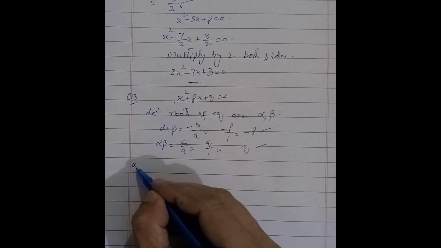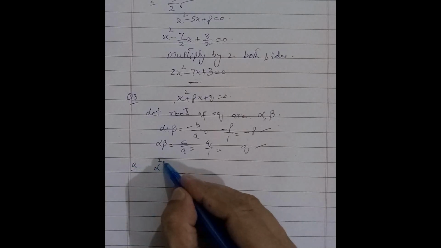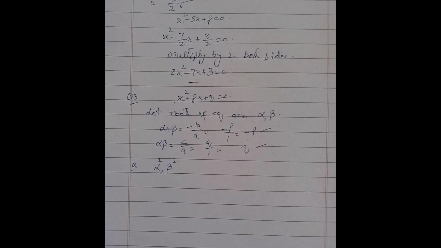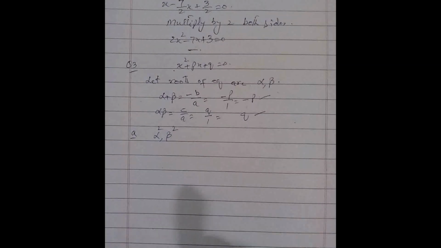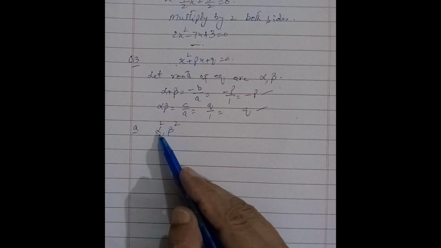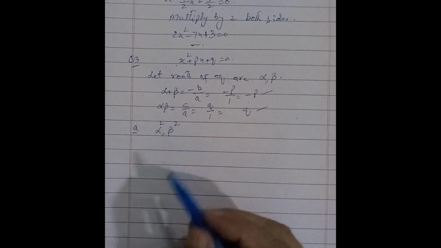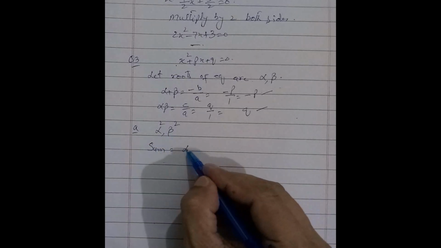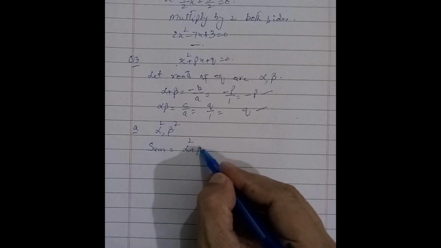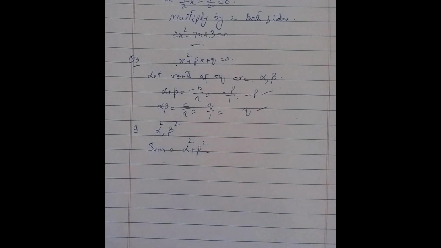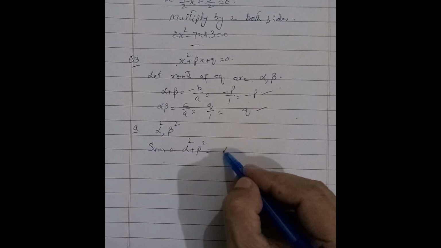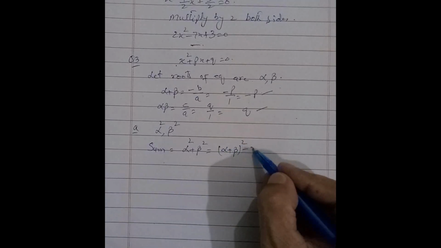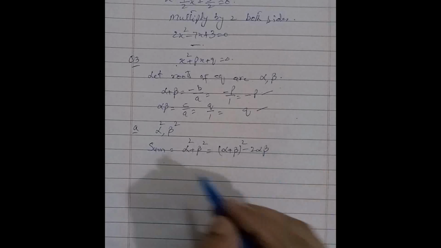The a part is alpha square, beta square. We first find the sum and product of these roots, alpha square, beta square. So first we find the sum, which is alpha square plus beta square. Now simplify it. We have alpha plus beta whole square minus 2 alpha beta.